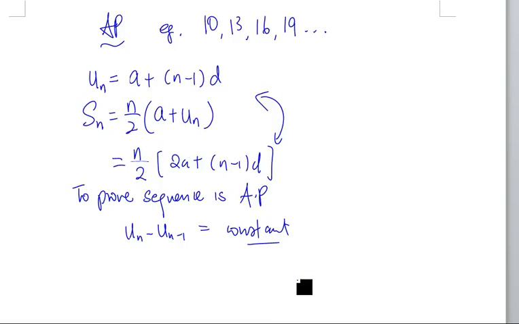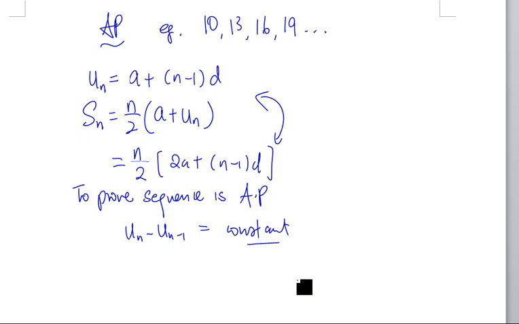If it's equal to 4, fine, no problem. It's always difference 4. But if you prove that it's equal to, say, k, for some number k, that means you have a, a plus k, a plus 2k, a plus 3k. Of course, it should be, correct?